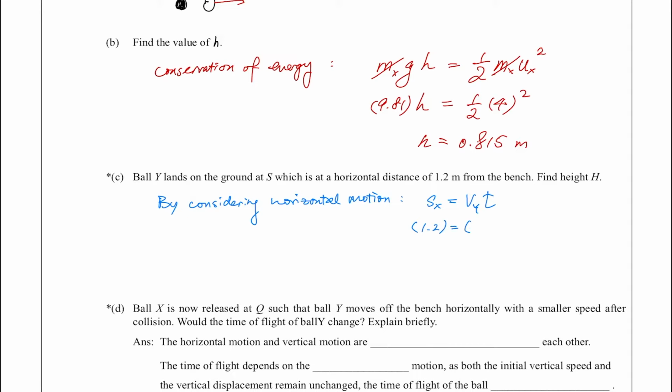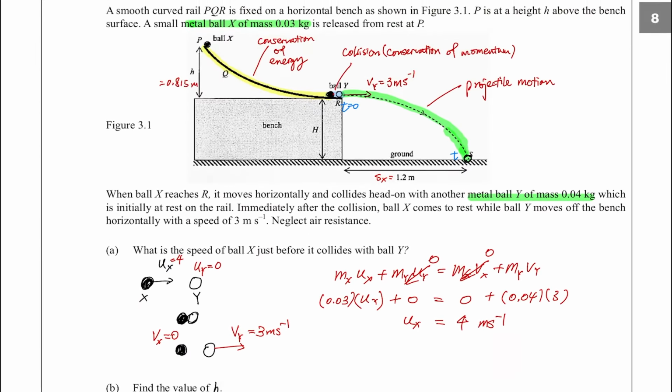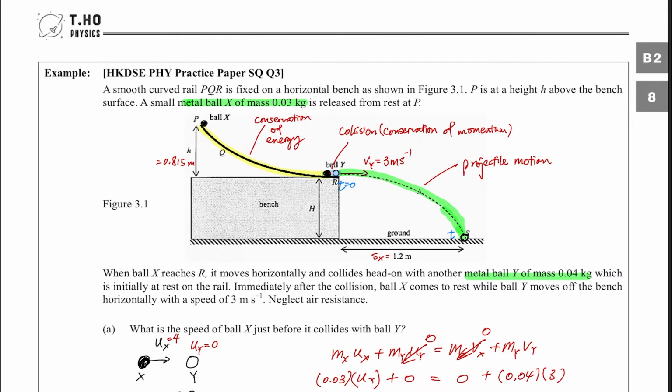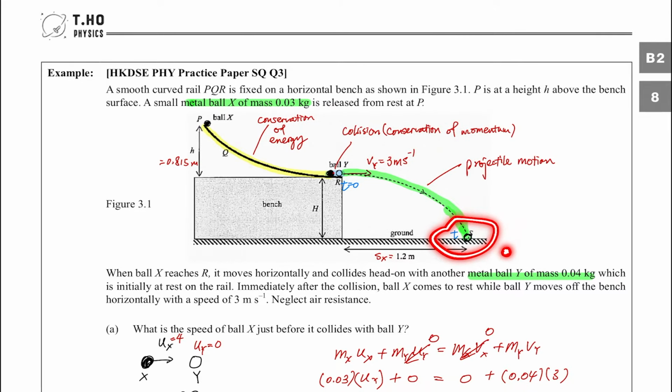Sx is 1.2, vy is 3, t is what we want to calculate. t is equal to 0.4 second. Okay, so we have found the time t when the ball has hit the ground, 0.4 second. Starting from this point, 0.4 second, it hits the ground.